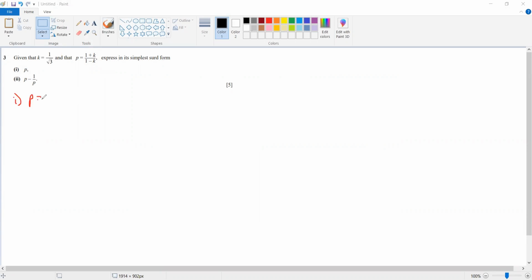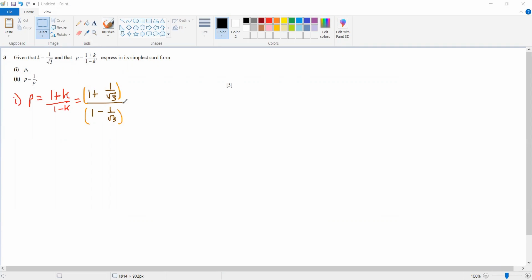So p equals 1 plus k over 1 minus k. Then here we substitute back: 1 plus 1 over root 3 over 1 minus 1 over root 3. Because there are a lot of fractions over fractions, it's good to eliminate that by multiplying by a suitable factor.